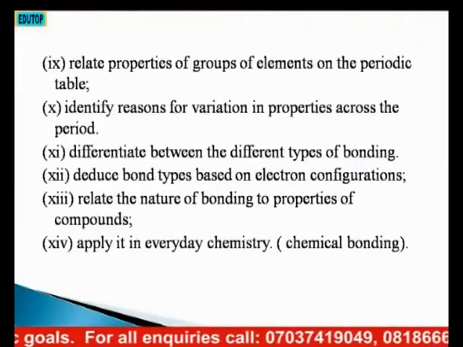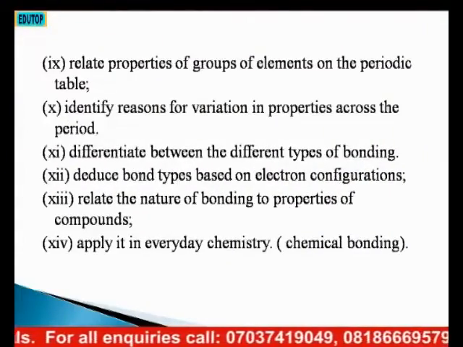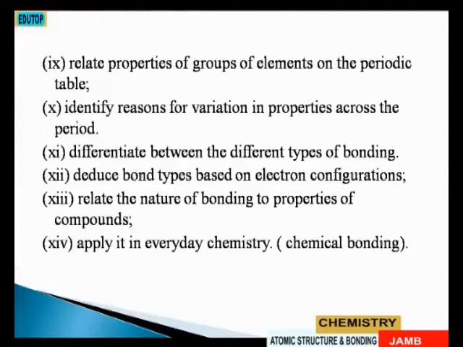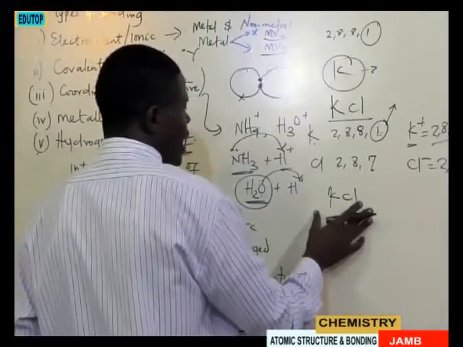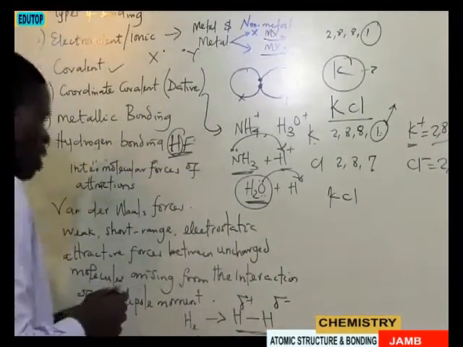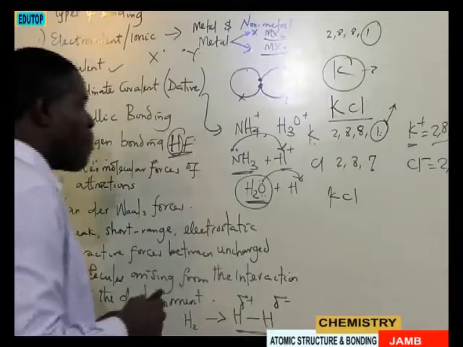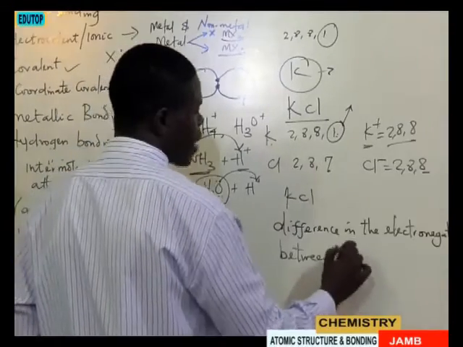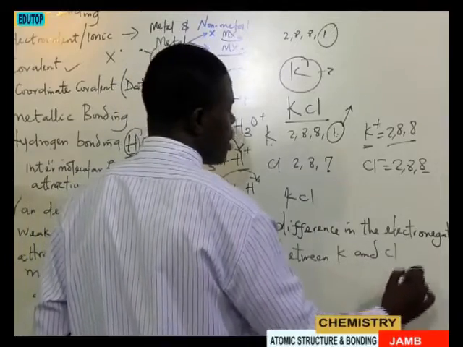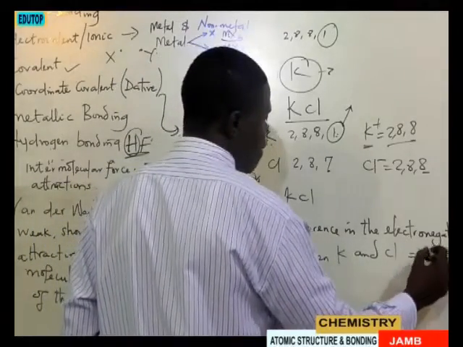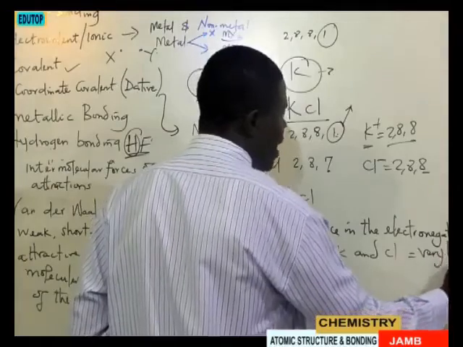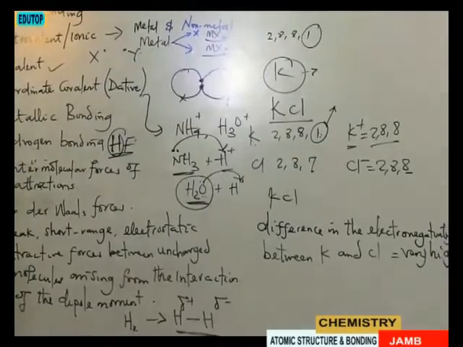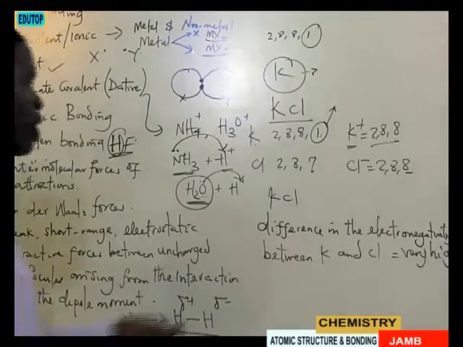Then also relate the nature of bonding to properties of compounds. Now, because it is undergoing ionic bonding, the difference in electronegativity between potassium and chlorine is very high. So when you have a very high electronegativity difference, it is definitely going to be ionic.